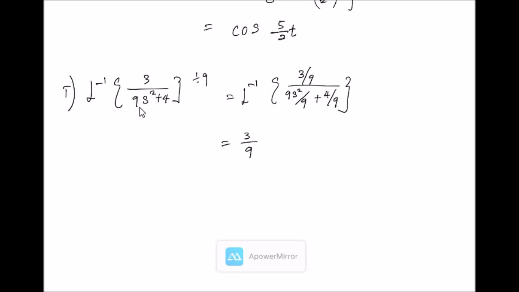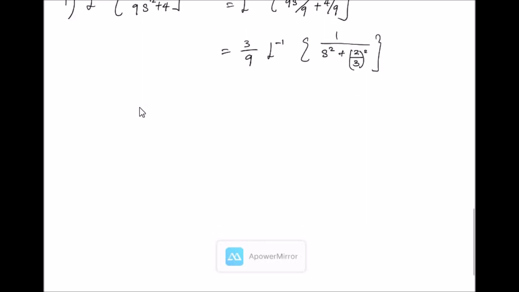So 3 over 9 is a constant, and then we have s squared plus the square root of 4 over 9, which gives 2 over 3 squared. And this one we get 1 over 3.